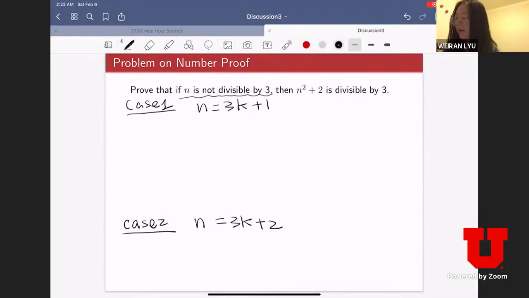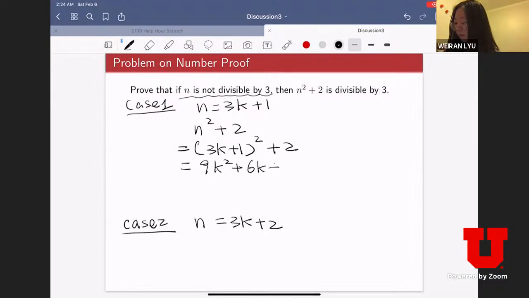All right, so we started case 1 by letting n equal 3k plus 1, and just like always, we want to first substitute that in. And everything after that should be pretty straightforward.